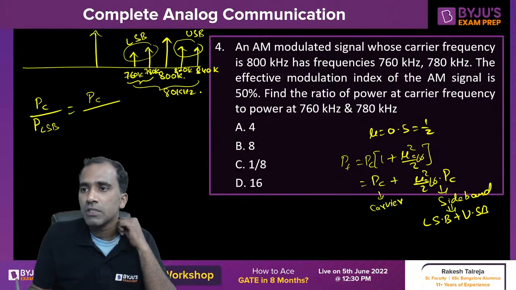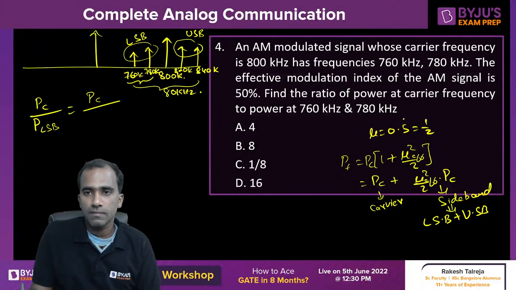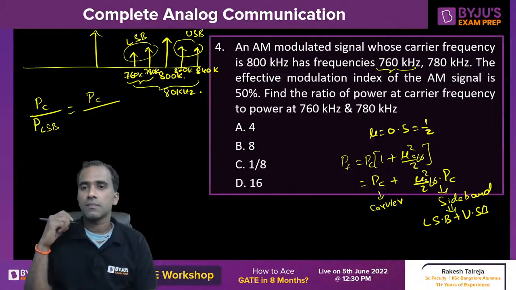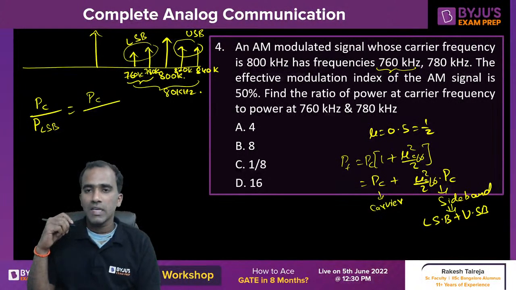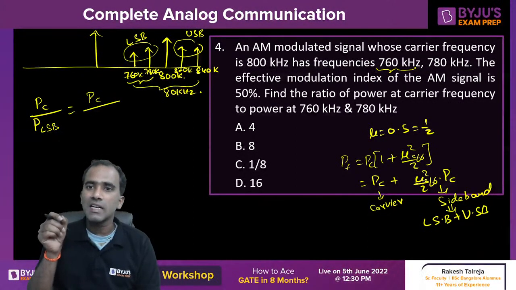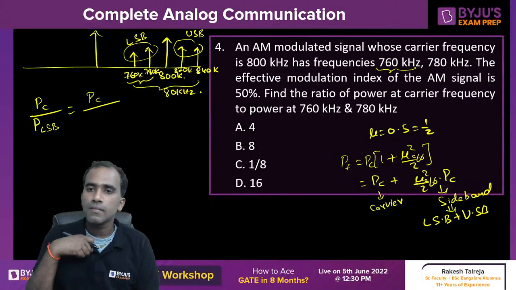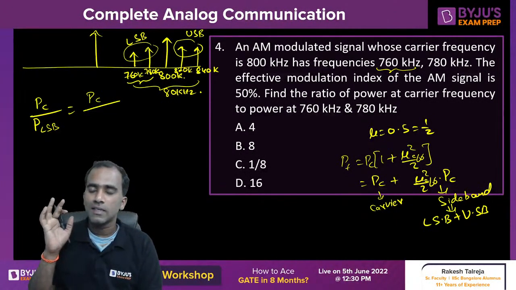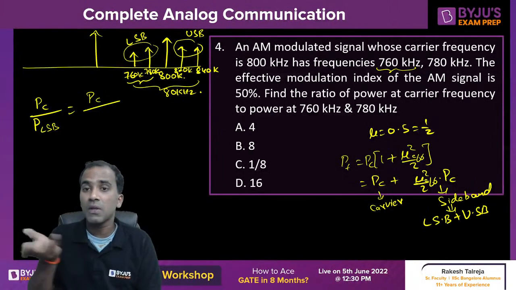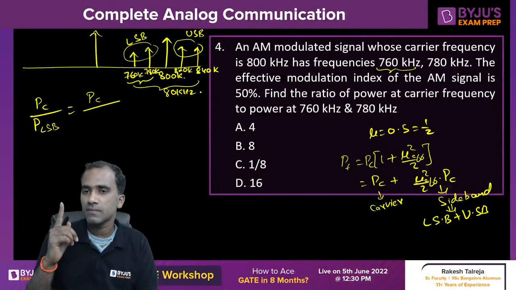Sai Charan, good question. How to find if it is sinusoidal or not? See, in this question, they're saying exactly 760 kilohertz is there. If they're saying only 760, which signal has only 760 kilohertz? Is there any signal other than a sinusoidal signal which has 760 kilohertz? Any other signal has a lot of frequencies, not a single frequency.